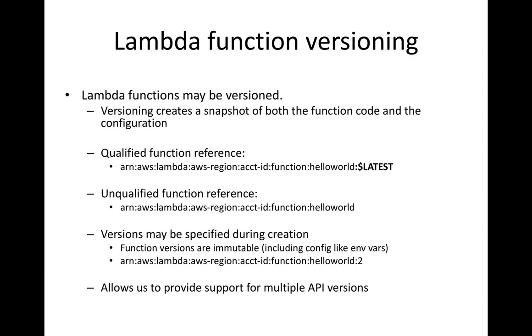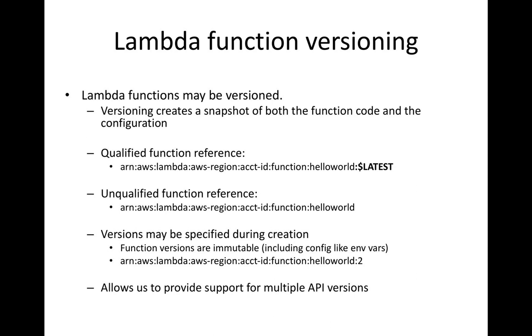The advantage of creating different function versions is that it allows you to support an environment where you are invoking multiple versions of a function concurrently. And you might do that to maintain backwards support in an API, right?